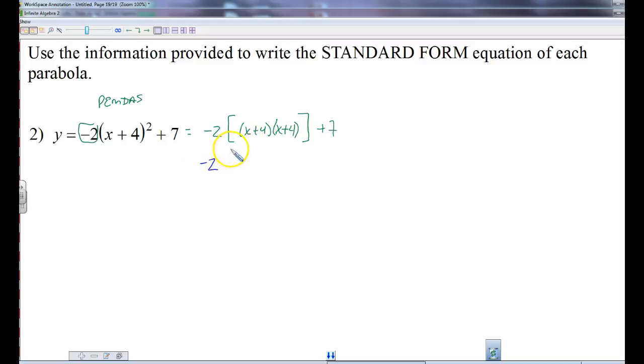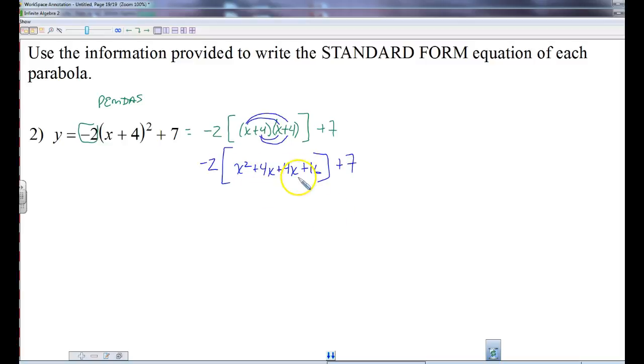Negative 2 is still out front here. x times x, x squared. x times 4, 4x. 4 times x, 4x. 4 times 4, 16. And it looks just like that, plus 7 at the end.